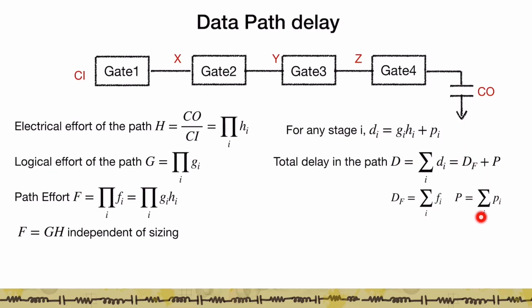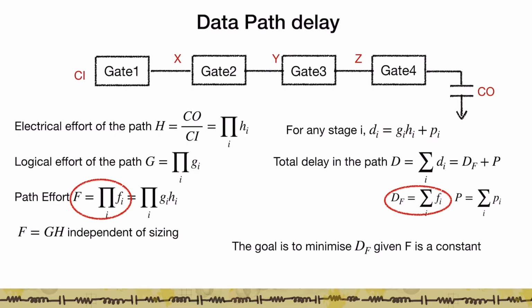One is the sum of all the parasitic delays, which I'll club into a letter P, and then the sum of all the effort delays of the gates, which I'm going to sum into Df. And our goal is to minimize Df given that the path effort is a constant, right? Or in other words, we want to minimize a sum given that its product is a constant.